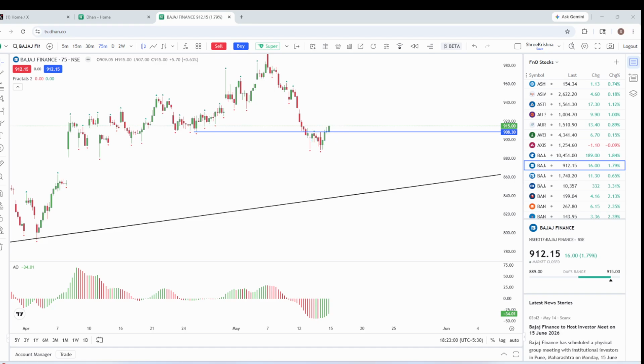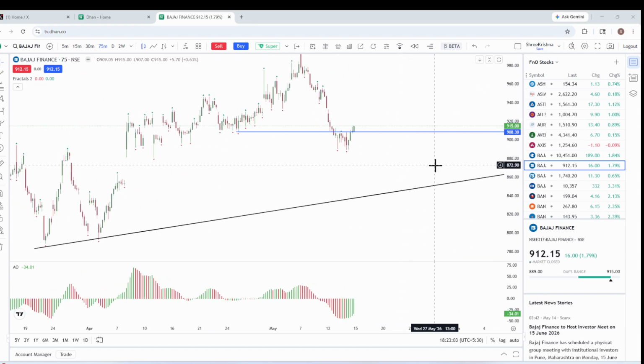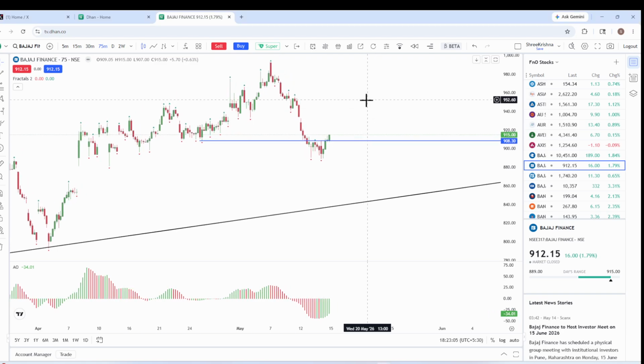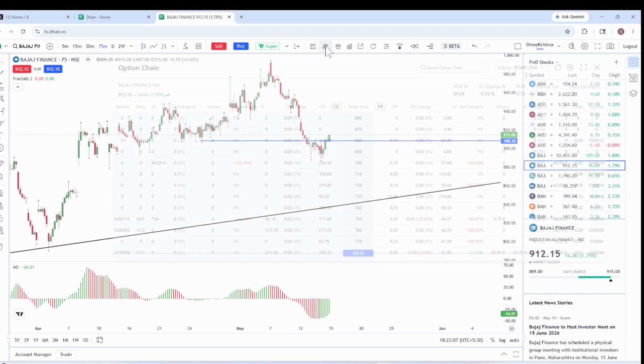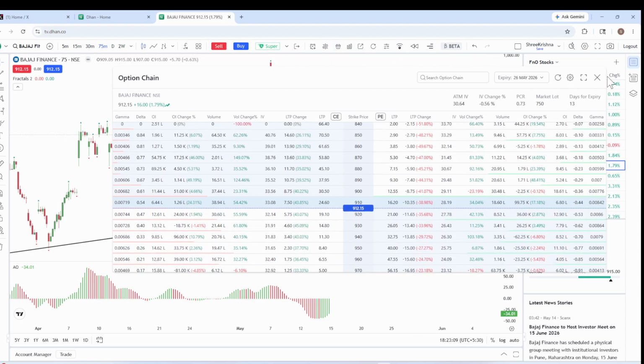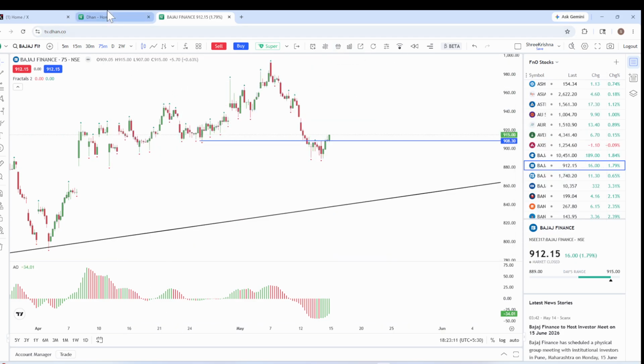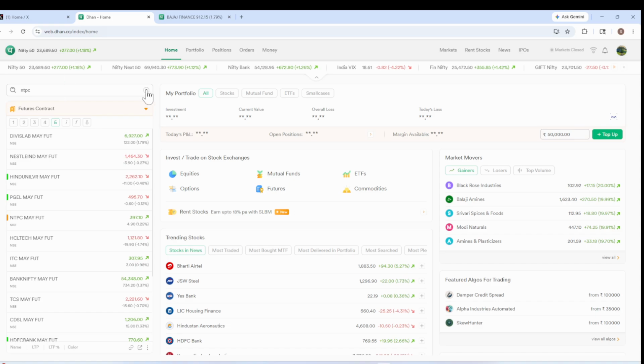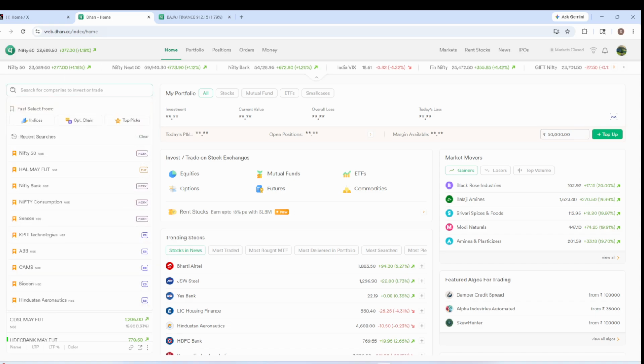How many lots are here? The lot size is 750. And what is the margin? Let me see.